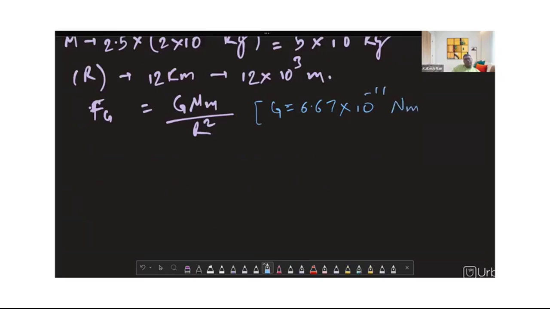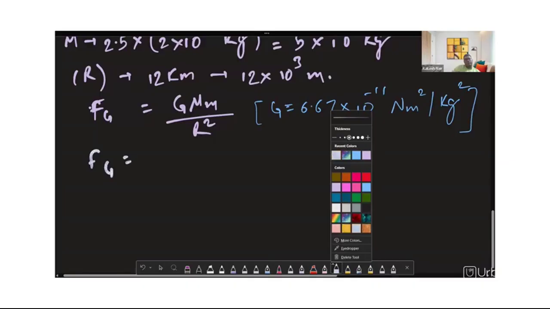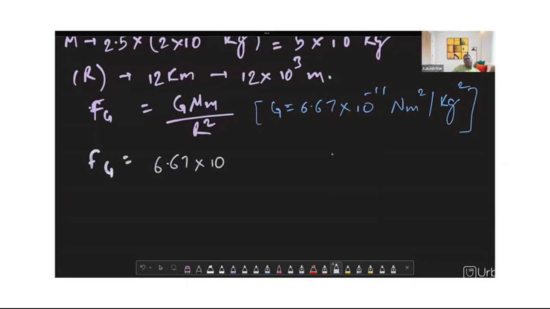This turns out to be the constant value. In many exams, you can find it given by the examiner. Fg is equal to 6.67.